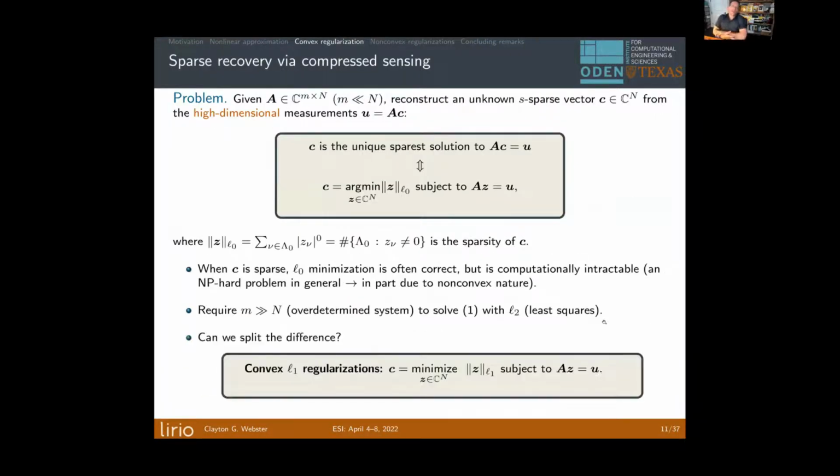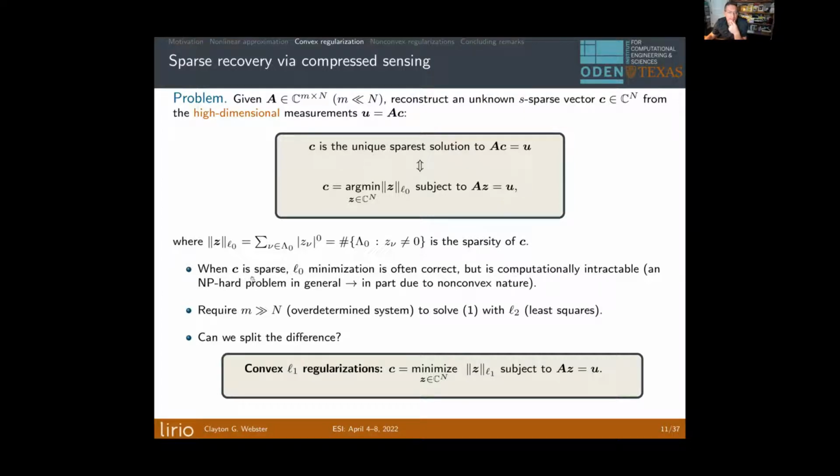Okay, so the solution here of the S-sparse vector I've denoted C. And again, I have these measurements which come from some high dimensional system, if you recall. So the unique sparse solution to this matrix problem is nothing more than the minimization, as I mentioned, in L0 subject to this constraint, right?